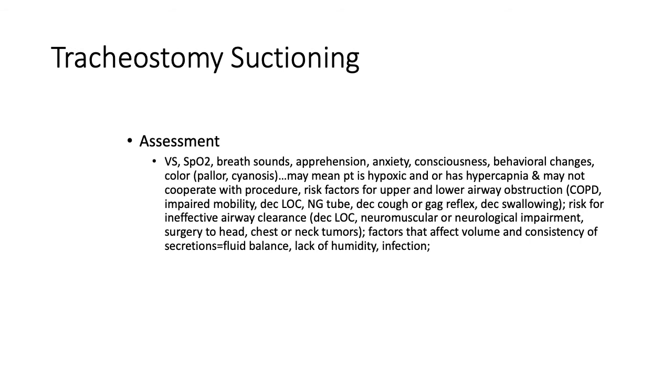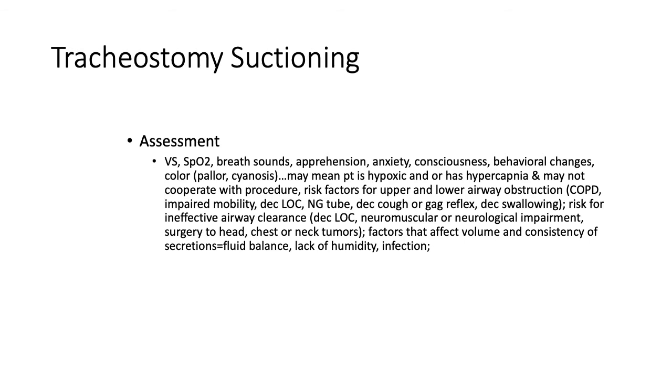Does your patient have risk factors for upper or lower airway obstruction, such as COPD or impaired mobility, decreased level of consciousness? Do they have an NG tube in place in which they are receiving tube feedings, or do they have a PEG tube where they're receiving tube feedings, which would put them at risk for aspiration?